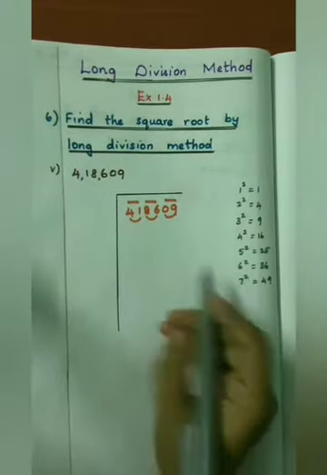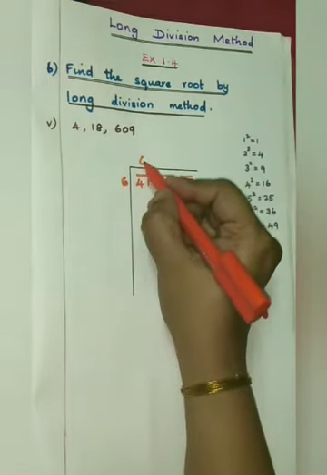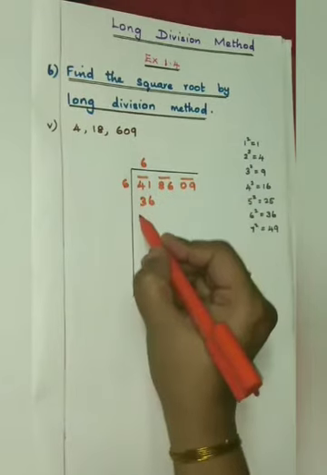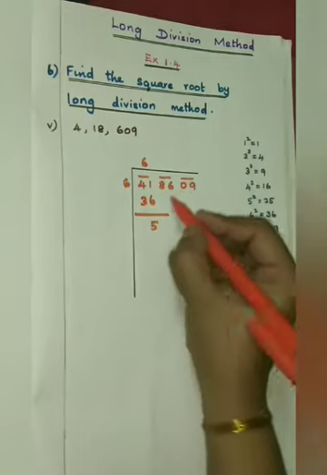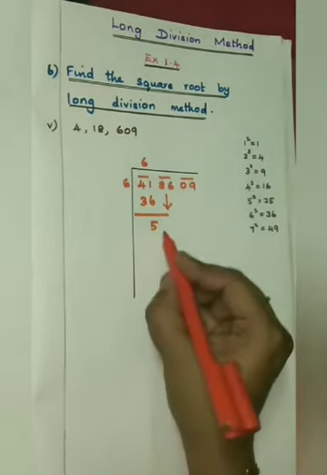Take this number 6 as divisor and also as the quotient. 6 sixes are 36. Subtract 36 from 41. We get 5. Bring down the next period to the right of the remainder.